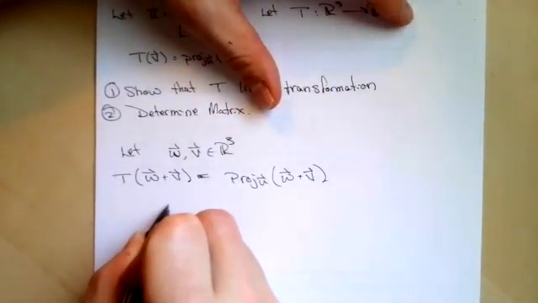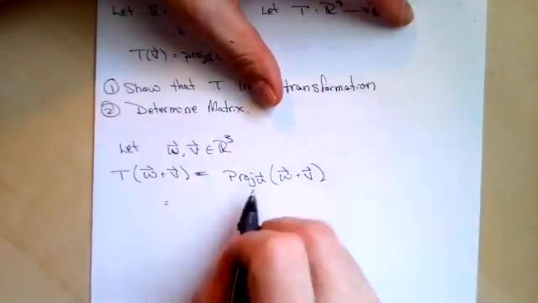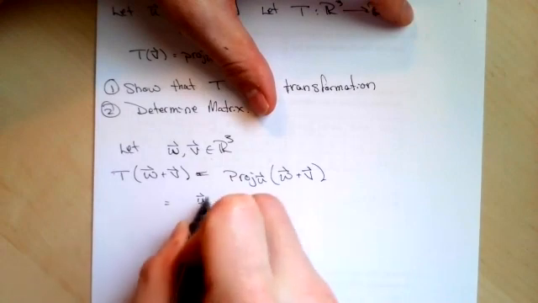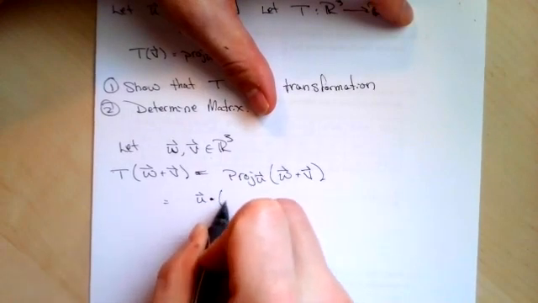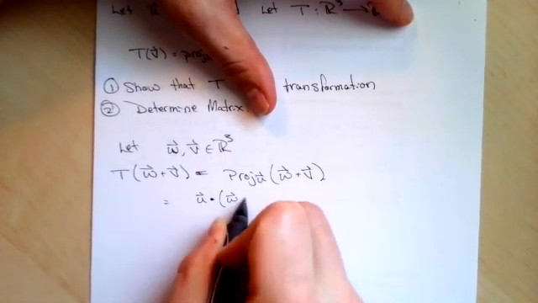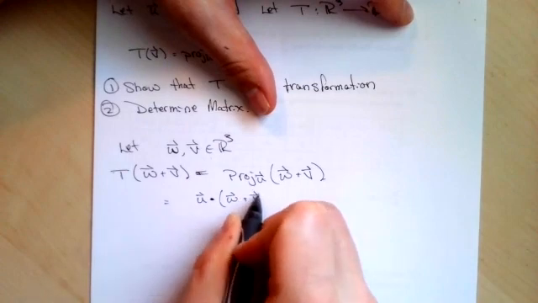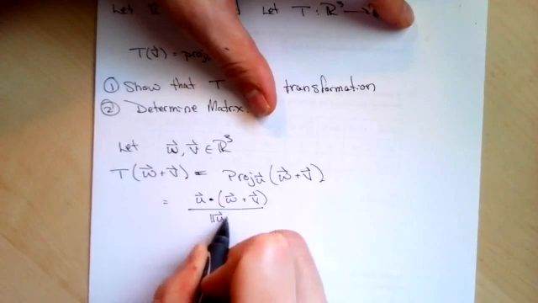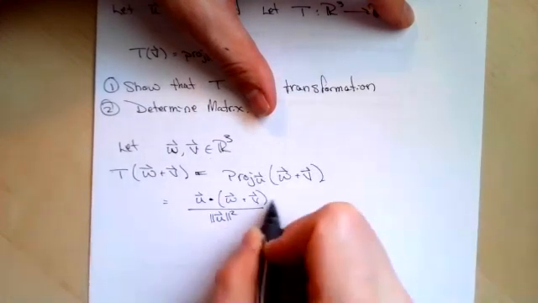So just by the definition of the projection, remember it is computing the dot product of the argument vector with the projection vector divided by the norm of the projection vector squared.